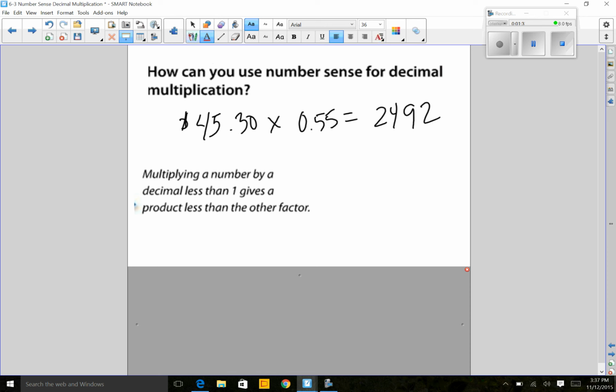So if I think about my possible places for putting the decimal point, one possible place would be just leaving it at the end. You could make a number bigger than that too by adding zeros on.